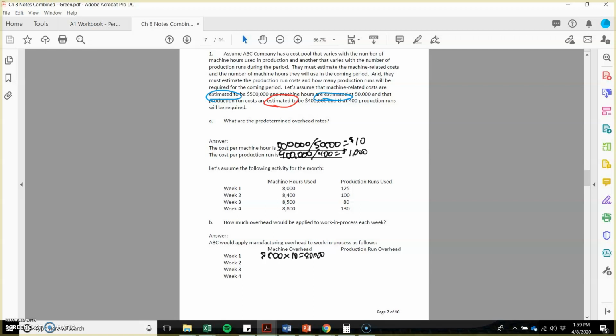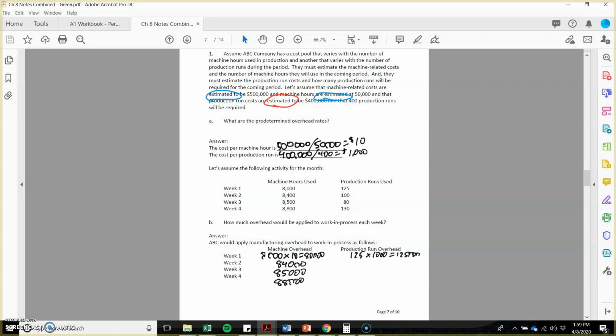My production run overhead, this is all applied at this point, is going to be 125 times 1,000, or $125,000. And then you can do each of the other weeks the same way, and you'll end up with week 2 with $84,000 machine overhead applied, week 3 $85,000, and week 4 $88,000 machine overhead applied.